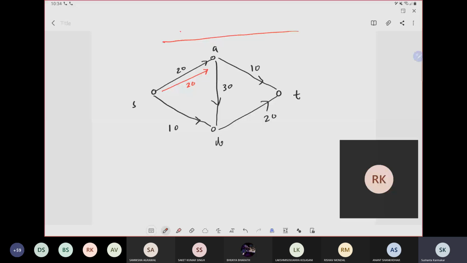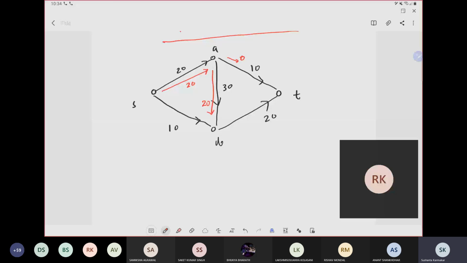So I can do it in various ways. I can make this 10 and this 10, or I can just make this 20. Then I have to make this 0, because 20 is going in and 20 is going out. So this conservation is satisfied, the capacity is satisfied.